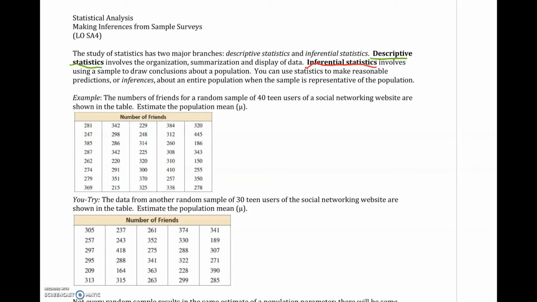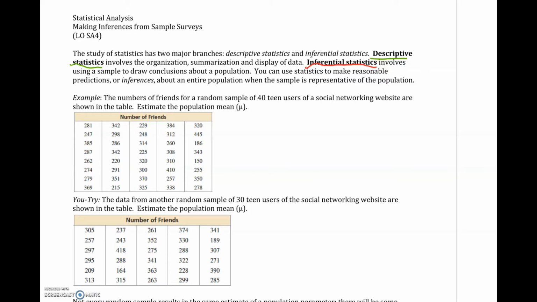That's something we would do with data to make a reasonable prediction, or what's called an inference, about the entire population, because like we said before, it's really difficult to make concrete conclusions about an entire population by using the whole population data, because it's pretty much impossible to get everybody in a population to respond. Or if you're studying the population of some kind of creature, you're not going to be able to get out into the wild and find every single one of them. So we do our best with making an inference from a sample.